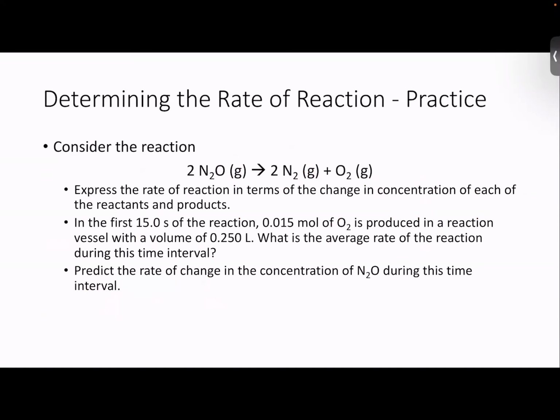Consider 2 dinitrogen oxide goes to form 2 nitrogen gas plus oxygen gas. Express the rate of reaction in terms of the change in concentration of each reactant and product.